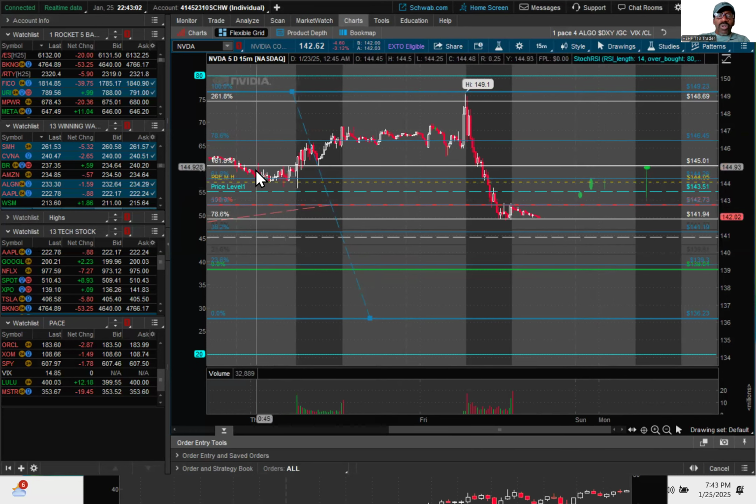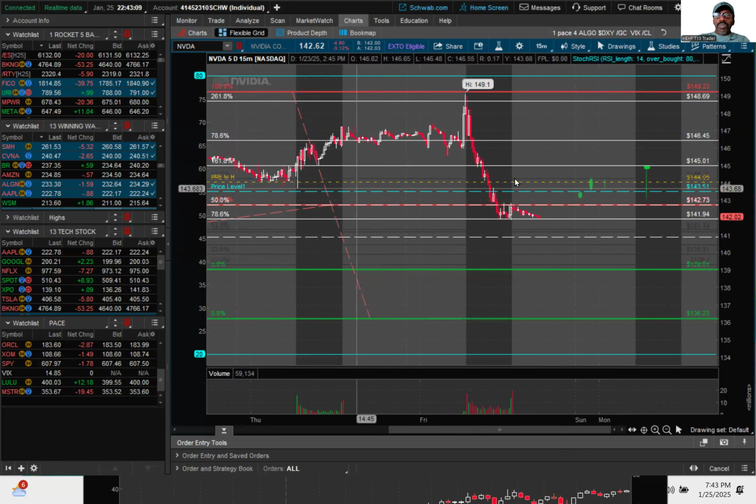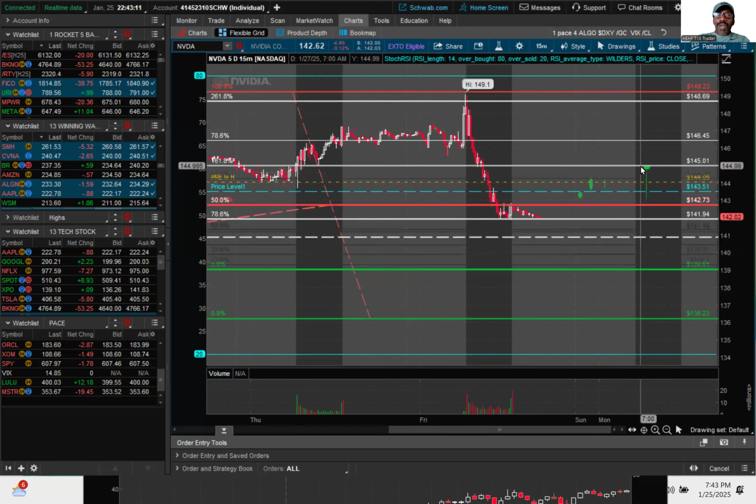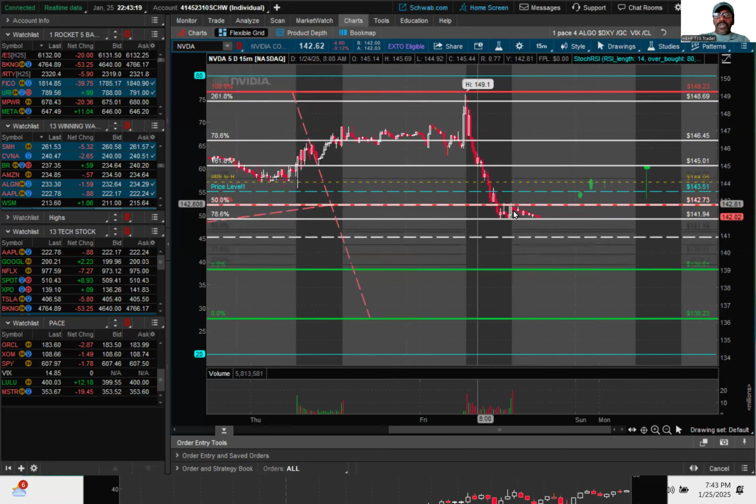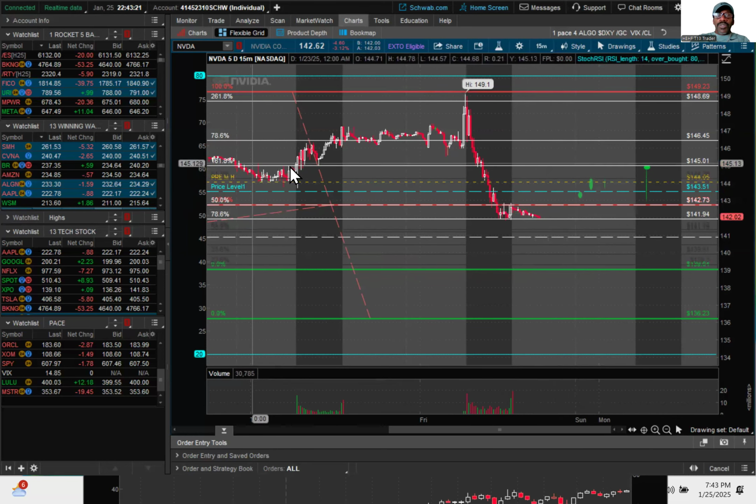It's not breaking through the support and resistance that it should be breaking through. This needs to come out and take out all these lows. It took this low out and it must take this low out.